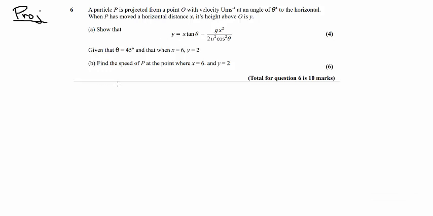Okay, so this one's going to start exactly the same, all right? We know it's a projectile, so A equals minus 9.8. So we need to get the initial velocity. Here's what it's saying: it goes at an angle of theta, and it's u.